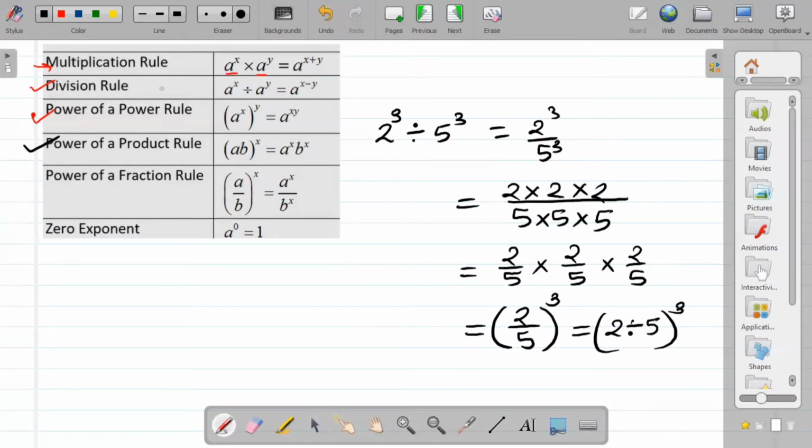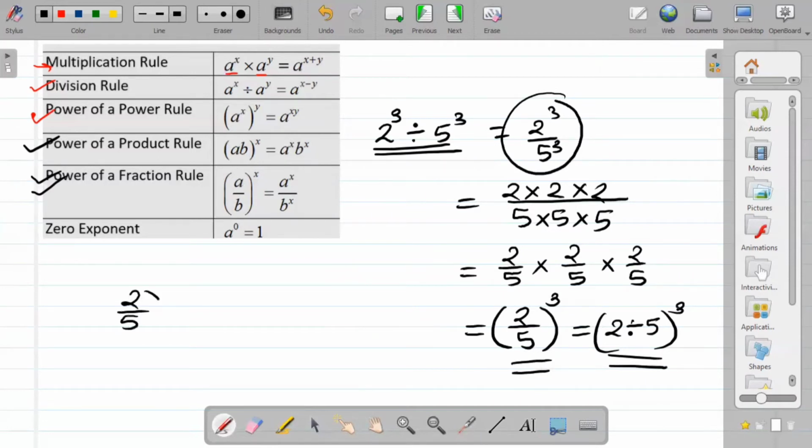Which is nothing but equal to 2 divided by 5 raised to 3. So this is what our fifth law's implementation is there, that if two bases are in the division and with same power, then you can take the power common also. Though they are in the division or a fraction, still you can take it common. Means from 2 raised to 5, if a common power is there, then you can distribute the powers like this also.